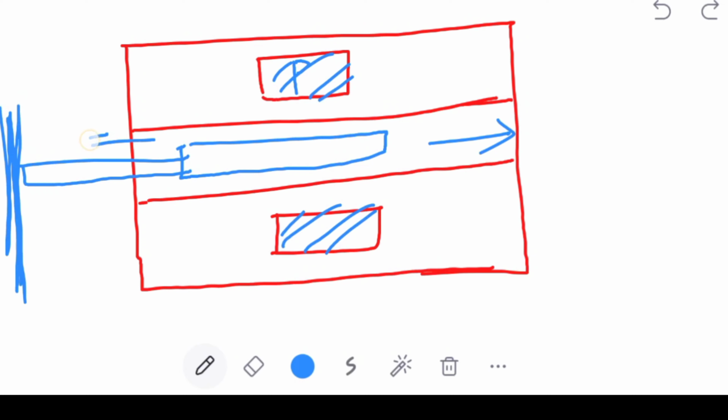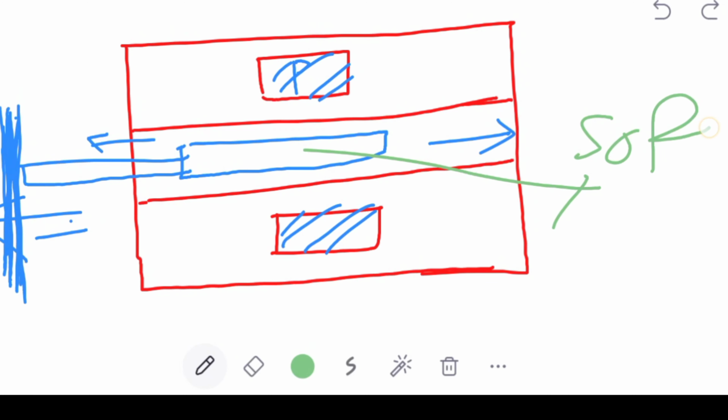If the thickness of the cotton decreases, it will move to the left-hand side. If the thickness of the cotton increases, it will move in the other direction, because it is a soft iron core. Now the secondary windings are surrounded by the primary winding.